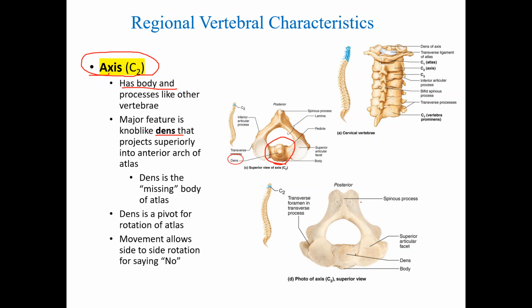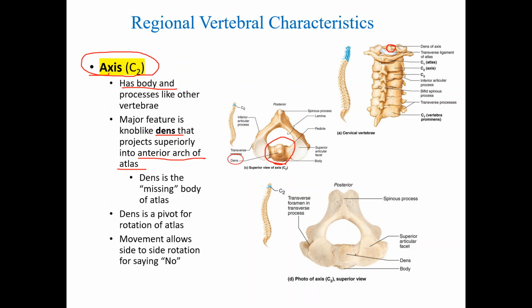And so it's a kind of a prominence, it's a knob-like prominence that projects superiorly. And it projects into the anterior arch of the atlas, okay? So that's what over here you can see, okay? The dens of the axis projects into the anterior arch of the atlas, okay? So to connect with it.